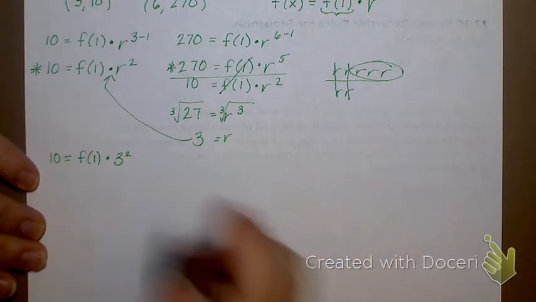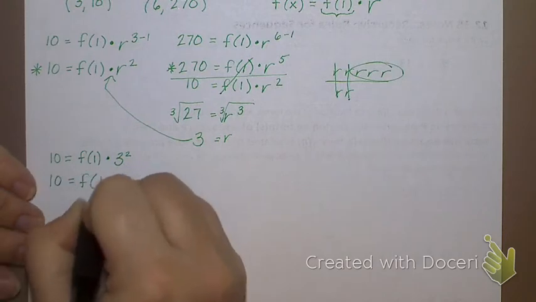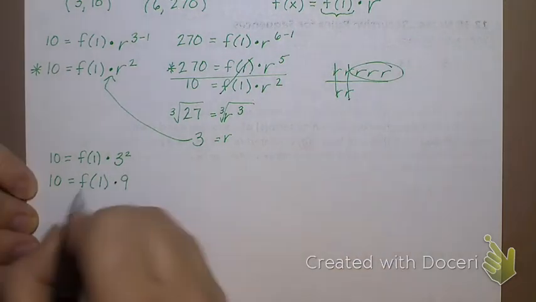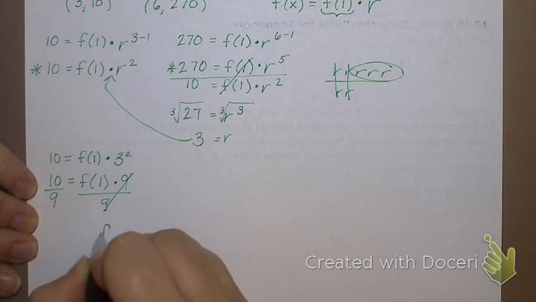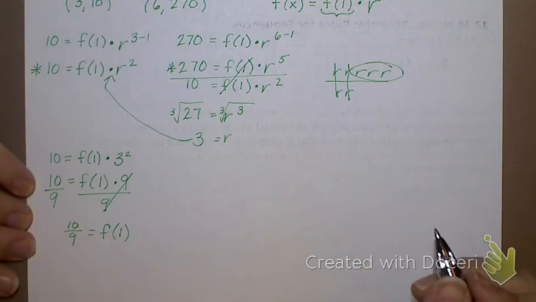What is 3 squared? 9. So I have 10 equals f of 1 times 9. How do I get f of 1 by itself? Divide by 9. So f of 1 equals, 10 doesn't divide by 9 nicely, so we're just going to call it 10/9.